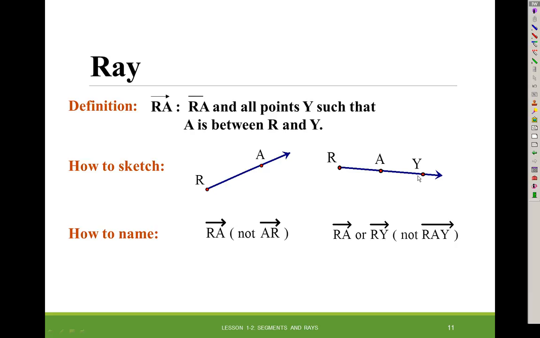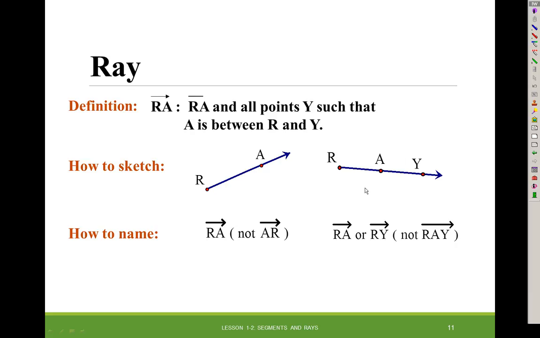You could have any other point on it as well. Point Y is out here somewhere. As long as point R is the end point and then A is somewhere on it. You call it ray RA, not ray AR, because A is not the end point. The first letter has to be the end point.